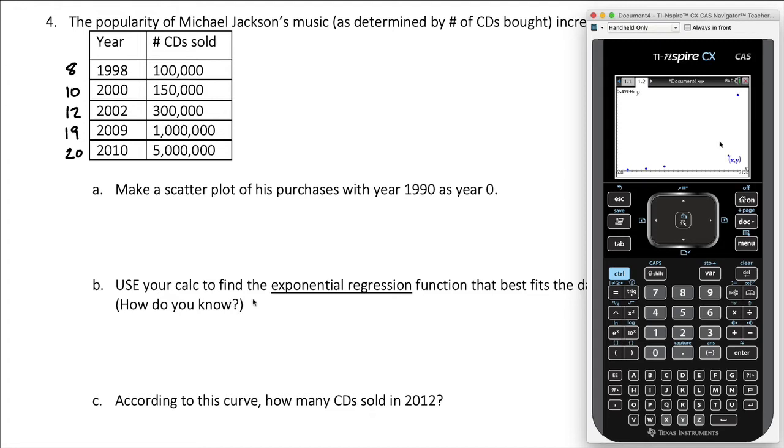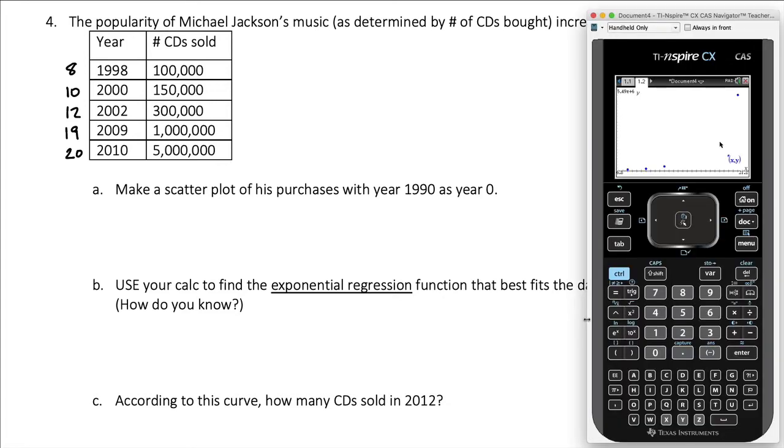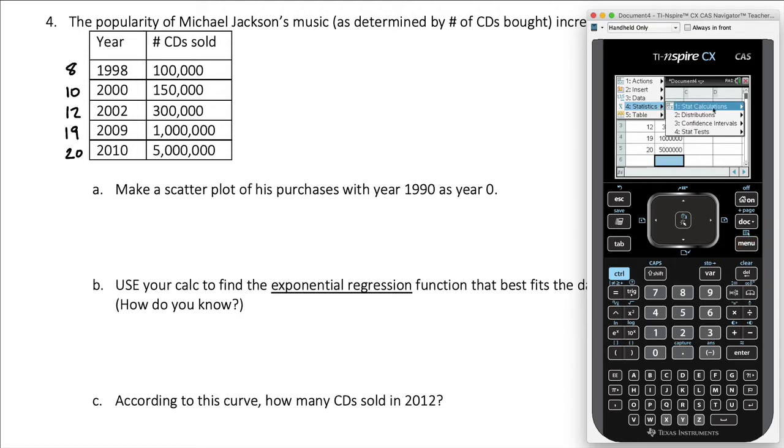Now, using the calculator to find the exponential regression function that best fits the data, we need to go into our spreadsheet, and we're going to do a regression. So we're going to go to Menu and Statistics, and then Stat Calculations. And now we've got regression options, and this tells us to do the exponential regression, which is right here.